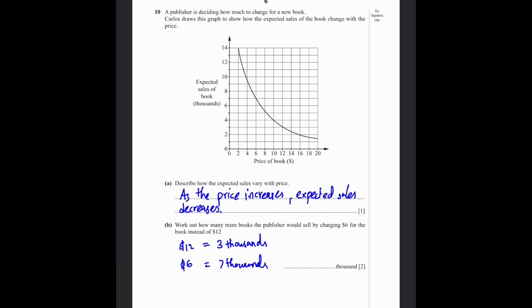For $12, it's over here. And that line's here, 3. And 7 minus 3 is equal to 4,000. And that's the answer. So there are 4,000 more books that the publisher can sell by charging $6.